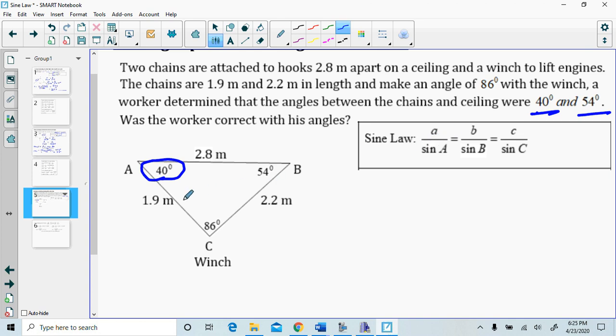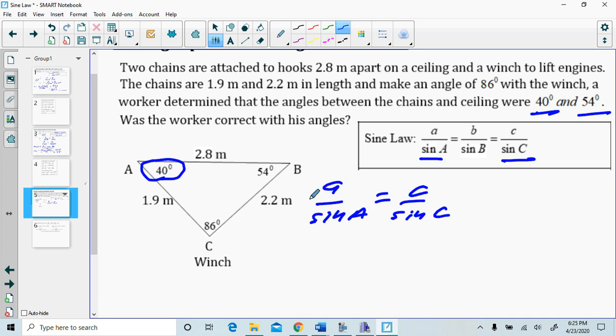The only one that we actually know is C. We know the angle, and we know the side length. So the ratio that we know is for C. So we're going to be working with sine A and sine C. So let's write down what we know. a over sine A equals c over sine C.